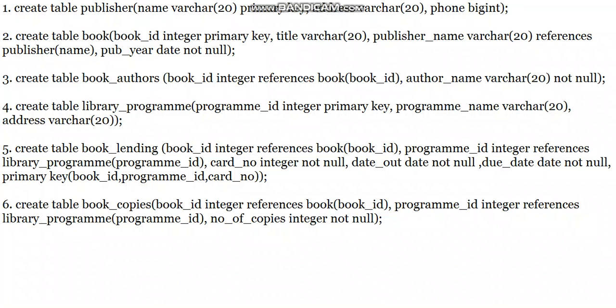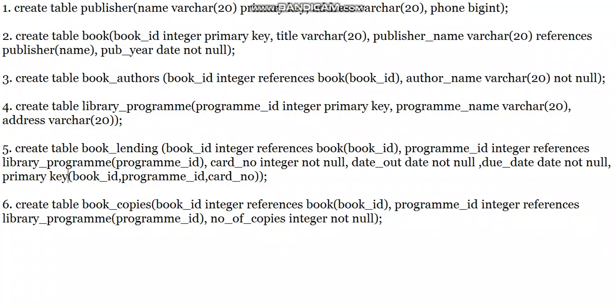There should not be any repetition of the same values, so at least one of book ID, program ID, or card number should differ. That means the student can borrow a book from any program ID, and can borrow any number of books, but if he borrows the operating system book of a given book ID, he cannot borrow that same book again.